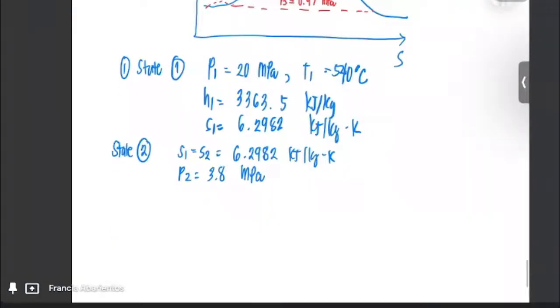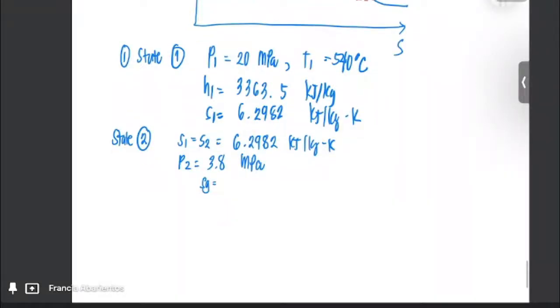The SG at 3.8 MPa is 6.00915, so this is lesser than S2.